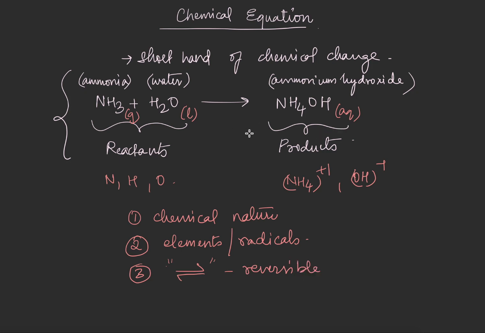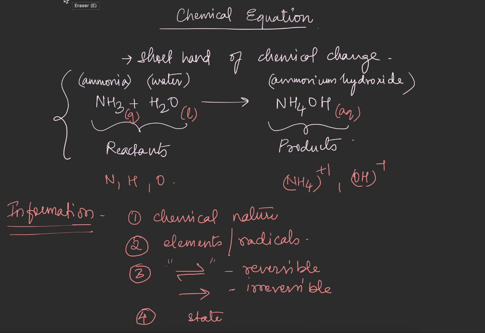There are two kinds of arrow. You have an arrow written in both the directions, which is called reversible, and the one which we have in this example is an irreversible arrow. So these are the following information that you can get by looking at a chemical equation.